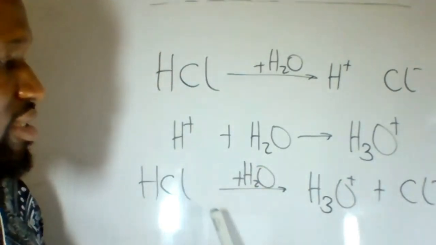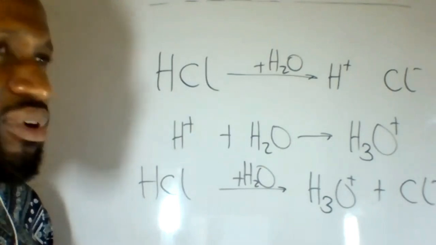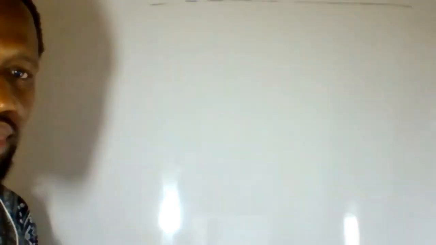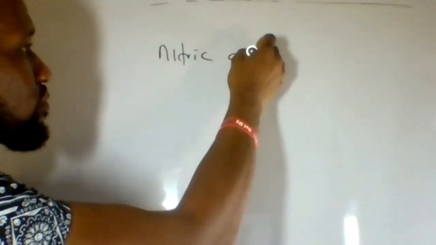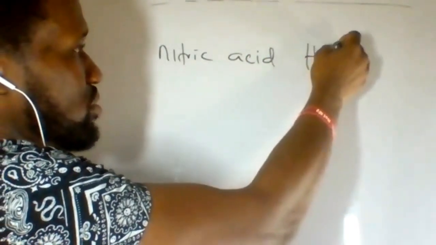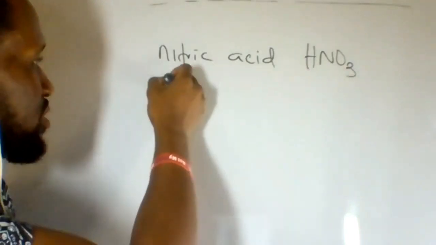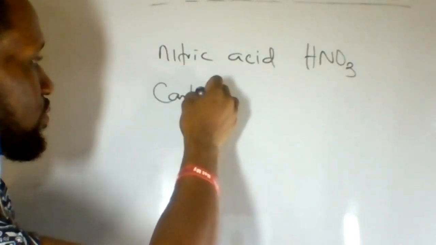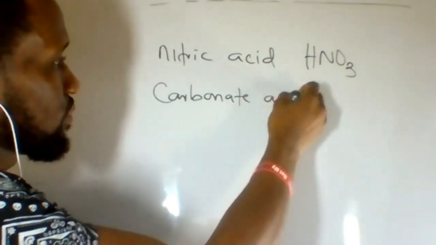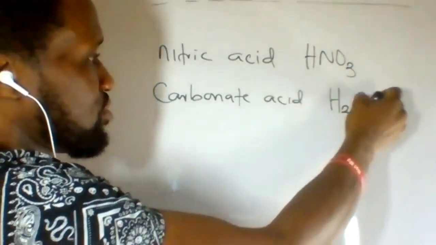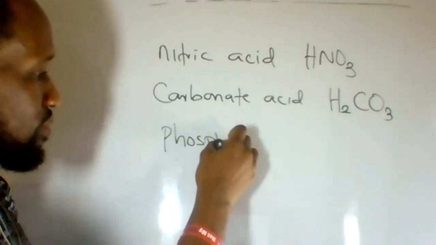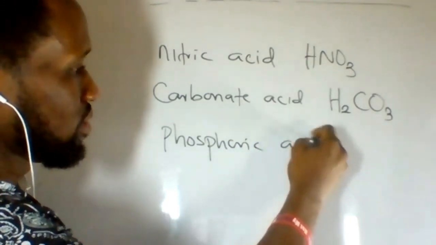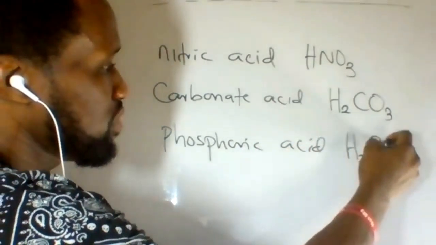So an Arrhenius acid is a substance that dissolves in water to form the hydronium ion. Other examples of Arrhenius acids are nitric acid, HNO3; carbonic acid, H2CO3; and phosphoric acid, H3PO4.